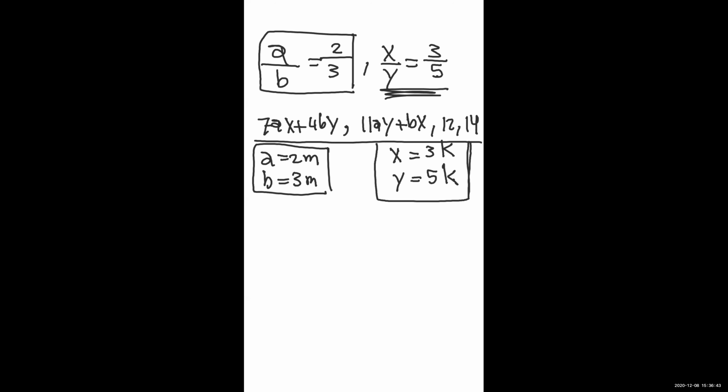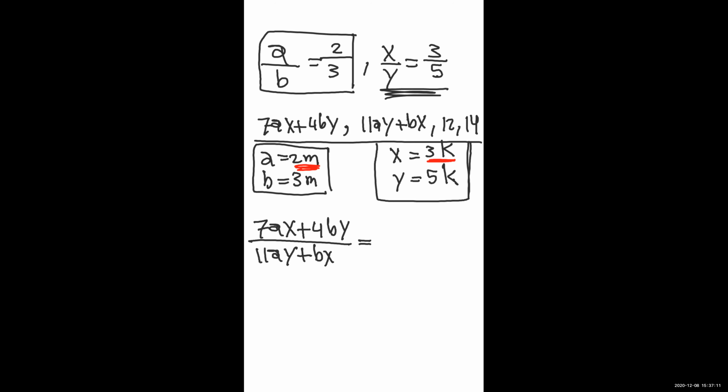Okay, 7AX plus 4BY over 11AY plus BX will equal 7 times A times X. A is 2m, X is 3k.